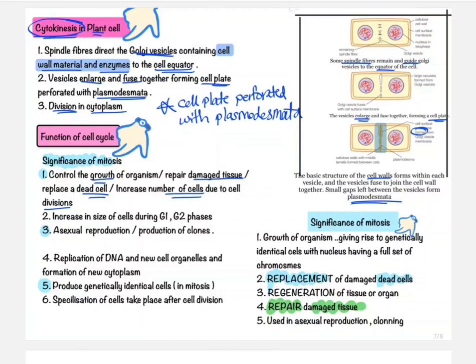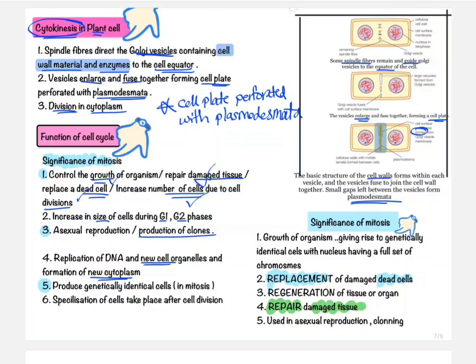Control the growth, repair damaged cells, replace dead cells, increase the number of cells due to cell division. And of course, it increases the size of cells during the G1 and G2 phases. Asexual reproduction, we're going to talk about this later, no need now. Replication of DNA and new cell organelles and formation of new cytoplasm.